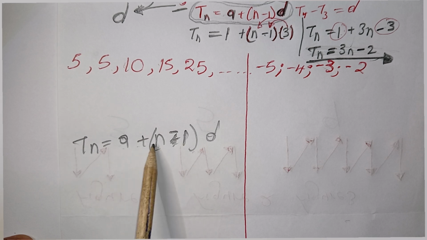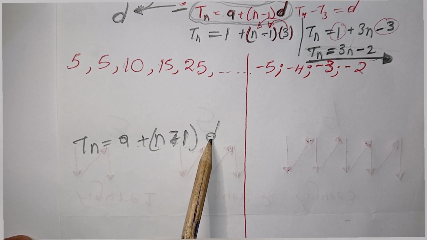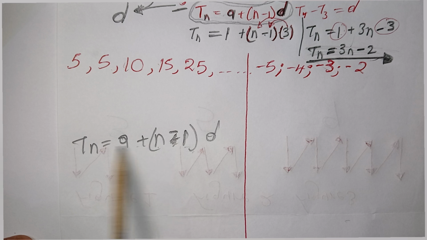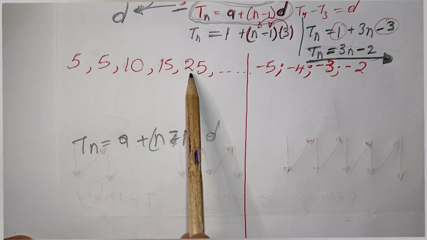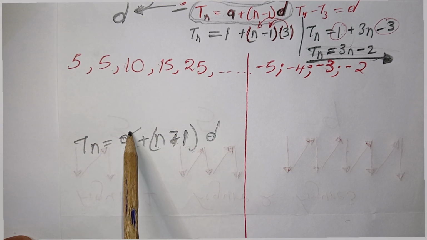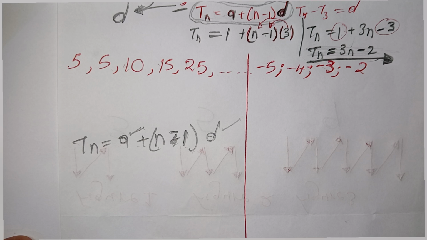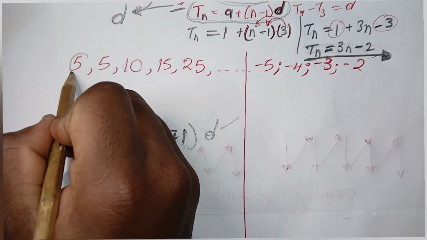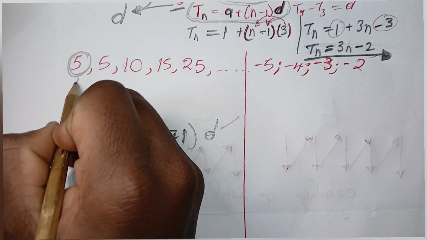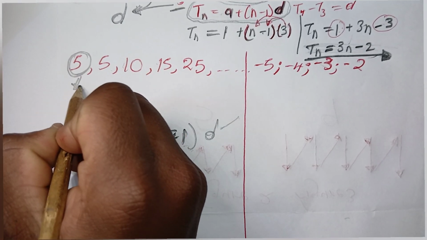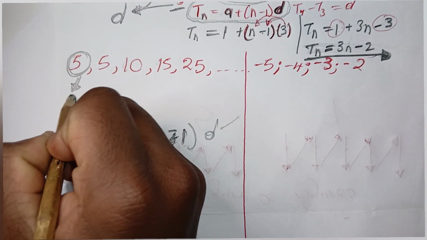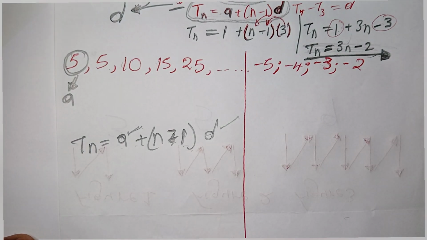For us to form the equation of this pattern, we must know what A and d are. I say that the first term is our A. Do you see my study?